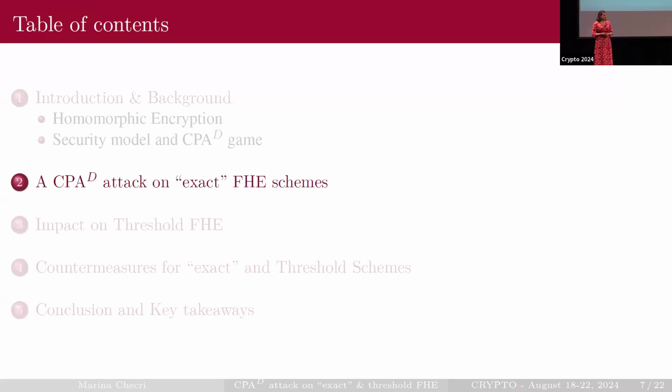The principle of the attack is quite simple. An adversary can gain an advantage when incorrect decryptions may occur. And do you recall that in fully homomorphic encryption, noise increases with each homomorphic operation? Well, the attacker uses this flaw to trigger incorrect decryptions.